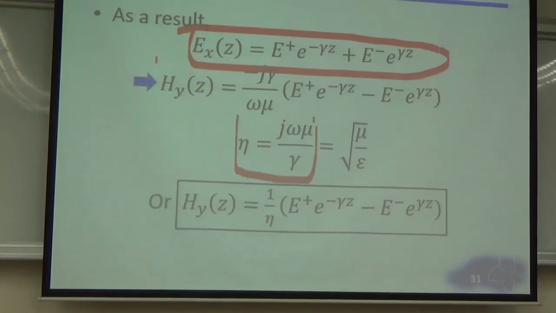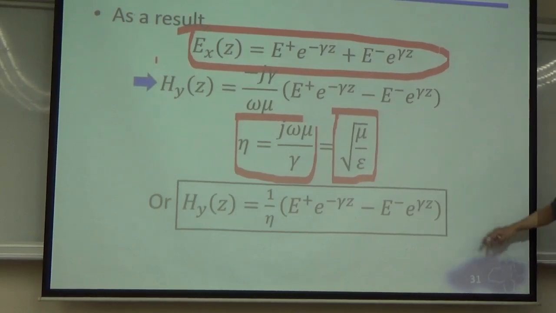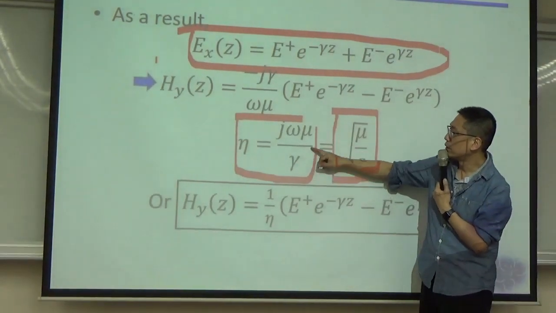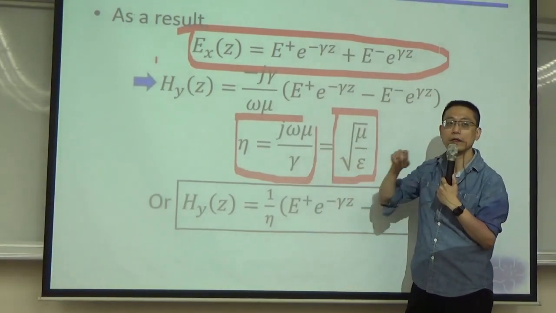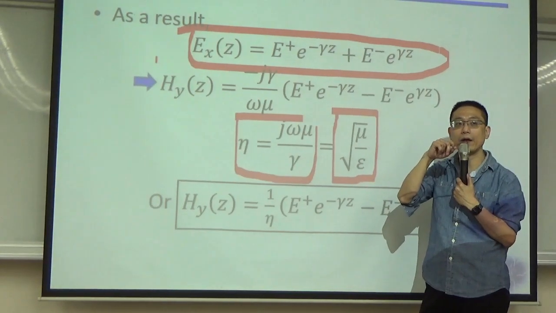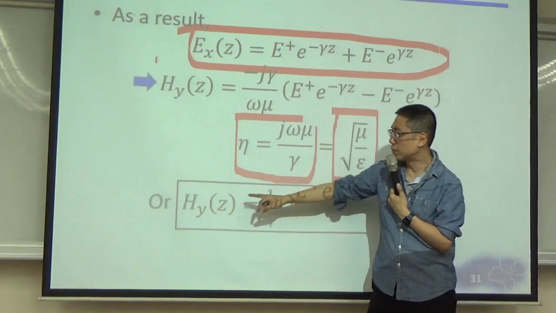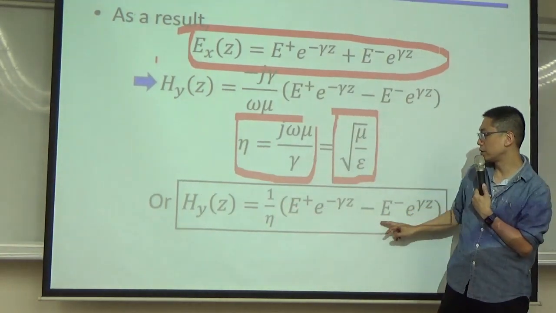It is this one. I just neglect the calculation and got the result. So if that is a lossy E field and a lossy H field, you will have this result. Your H field becomes this one.